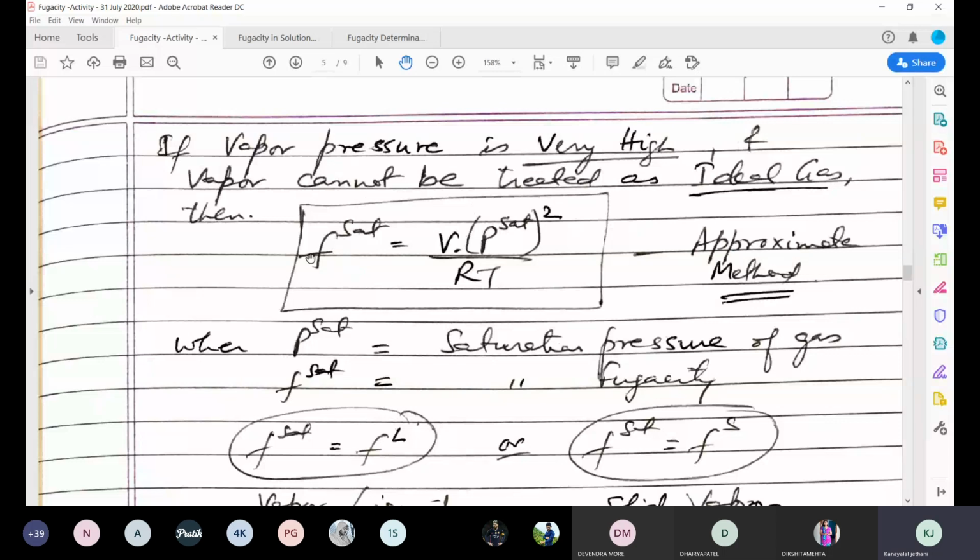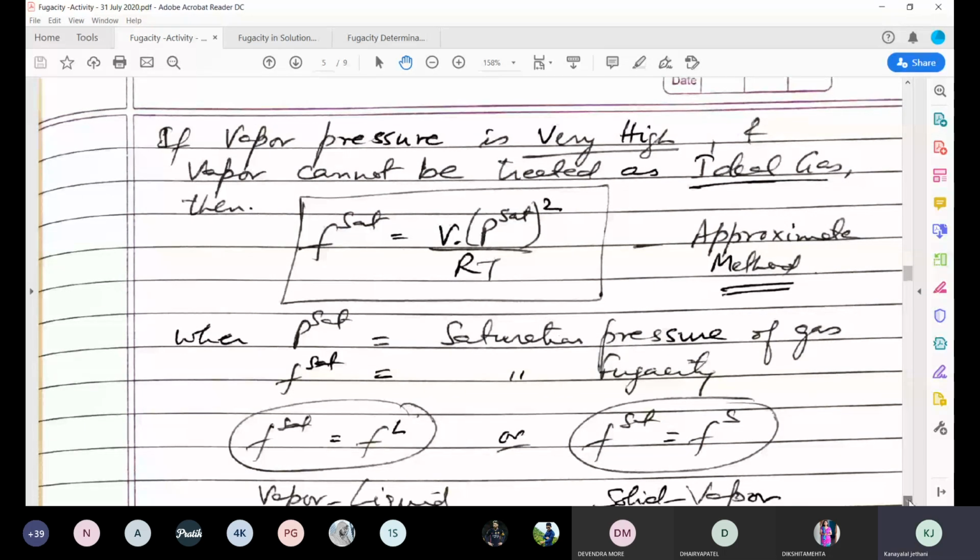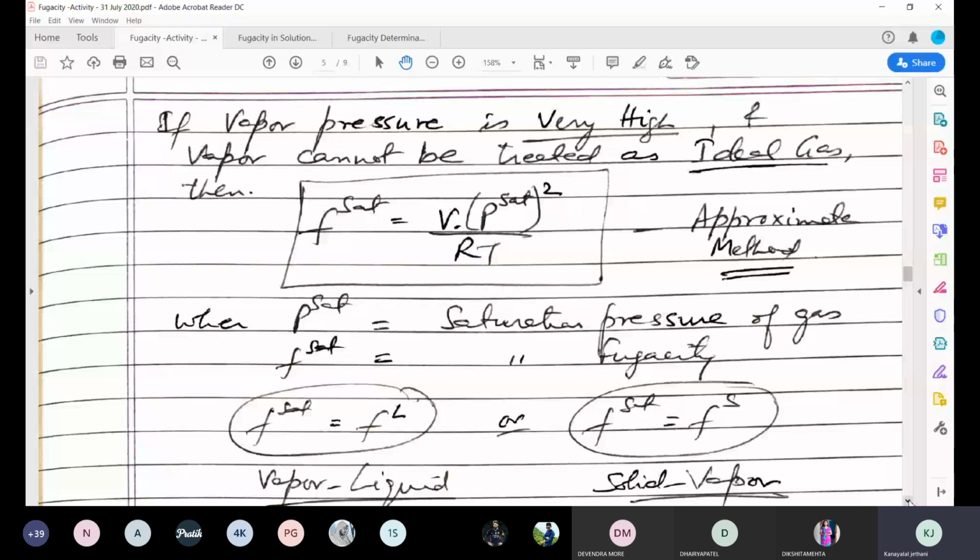So fugacity at saturation, that means vapor at vapor liquid equilibrium, is equal to volume into saturation pressure, that is vapor pressure, whole square divided by RT. Approximate method जो हम last week used, then we use this method at high pressure. Okay. Where Psat is equal to saturation pressure, that means vapor pressure of the vapor or gas, and Fsat is saturation fugacity.